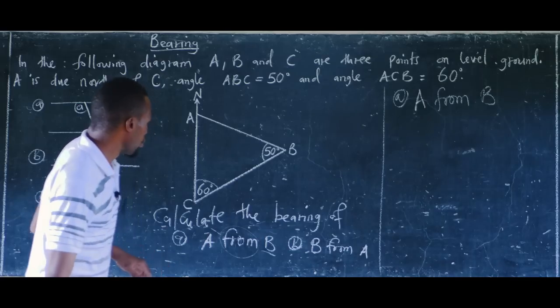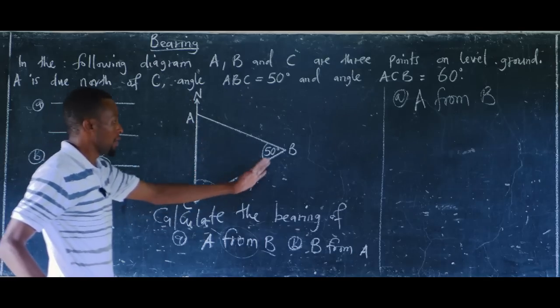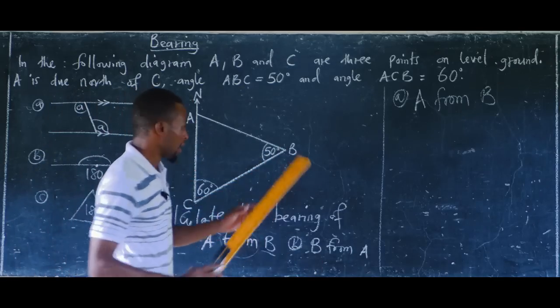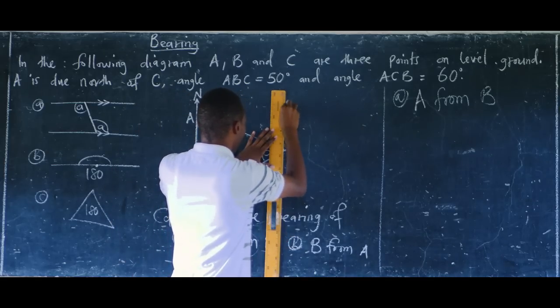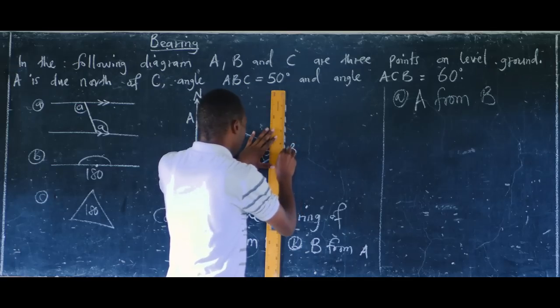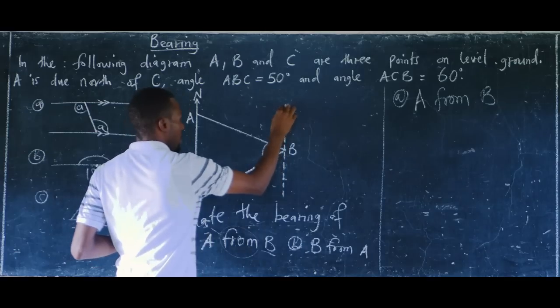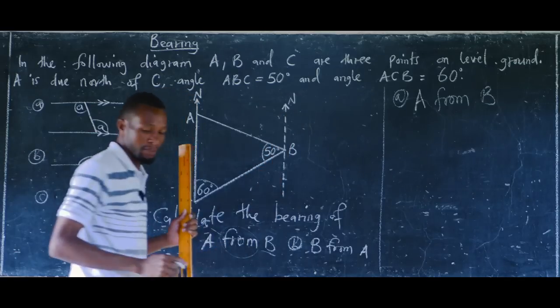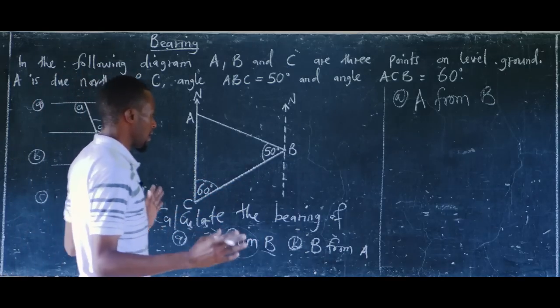Since on A you already have the north line, but on B we do not have the north line, we're going to draw a north line here also, just here. So this is representing our north line on B. Once we have that north line, it becomes easier.